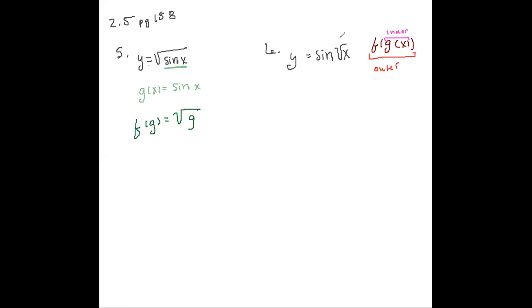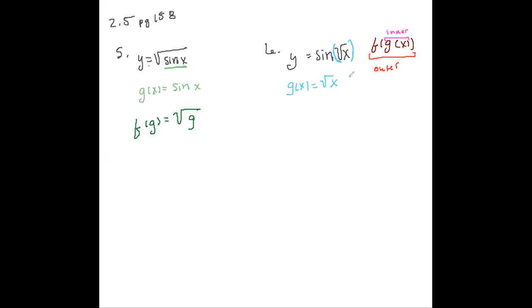Let's try number 6 as well. For number 6, what would my inner function be? The first thing being done to my variable. Yes, root x. And then I can put parentheses around this if I want.